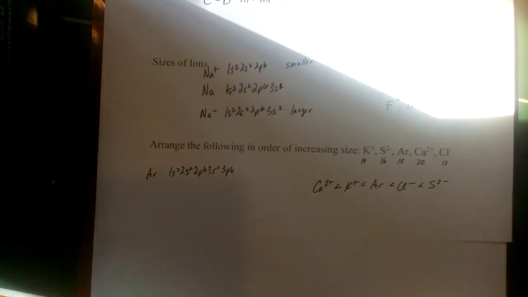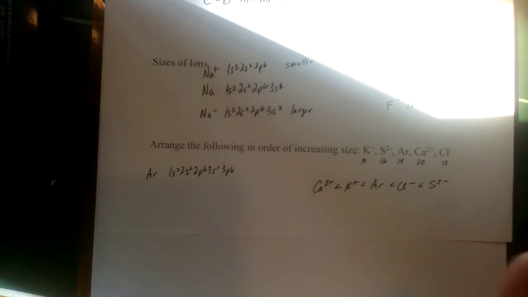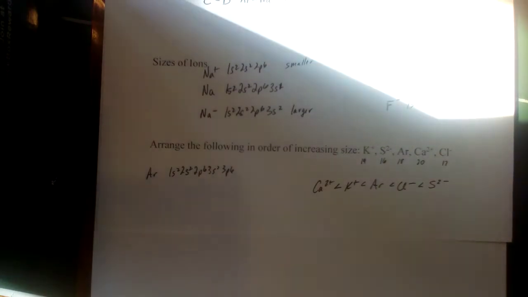So keep that in mind, right? When you're making ions, it could be a case of you're changing the electron cloud. But it could be a case that they're isoelectronic, meaning they have the same electron cloud. The difference is then going to be the nuclear charge, or the positive charge on the nucleus.